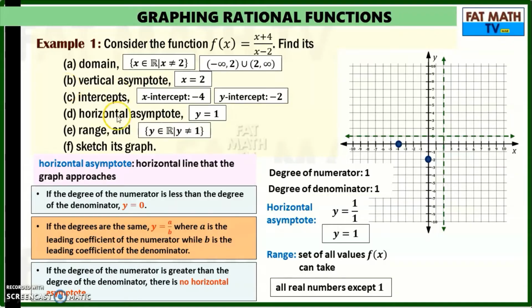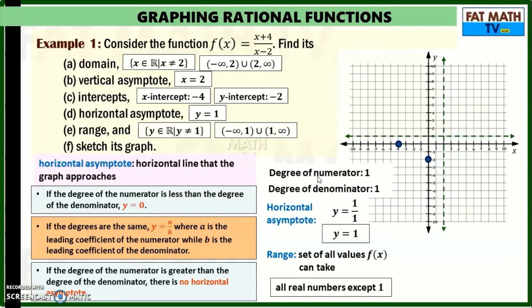So we write that as the set containing y, element of R, element of the set of real numbers, such that it is not equal to 1. So all except 1. Or in interval notation, it's negative infinity to 1, union 1 to infinity.